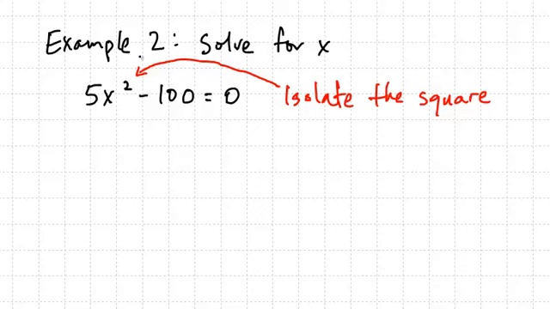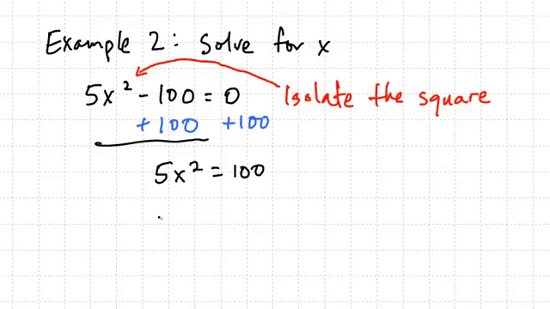So I'm going to add 100 to both sides, and that will leave me with 5x squared on the left side and 100 on the right side. I'm going to divide by 5 on both sides, and that will leave me with x squared equals 20.